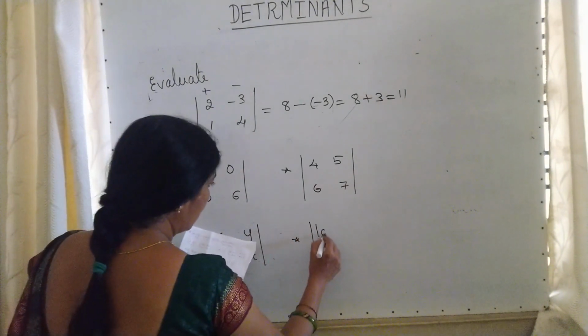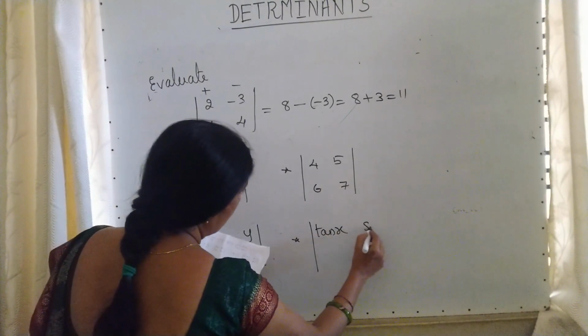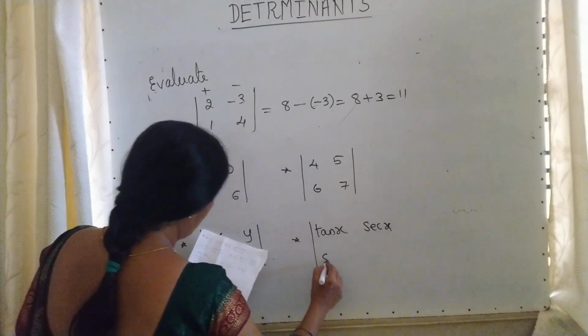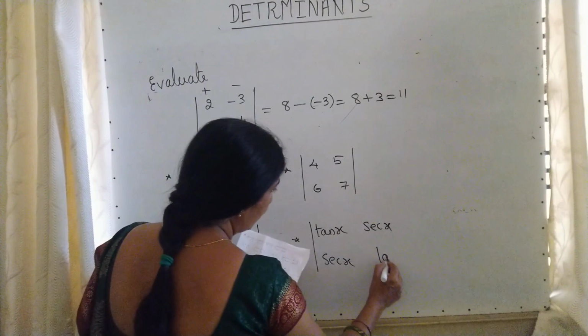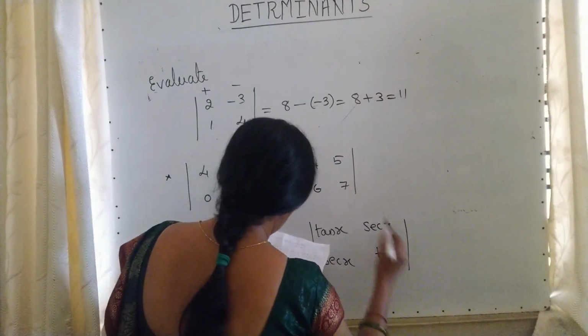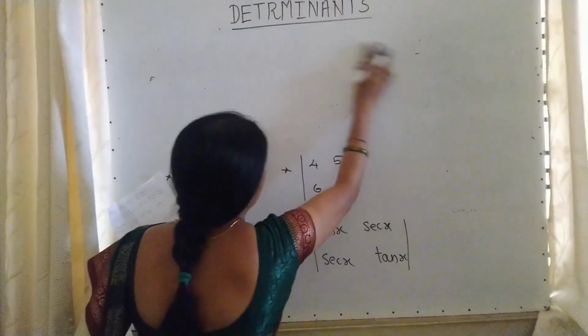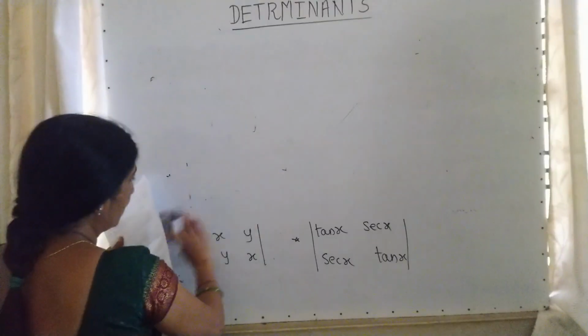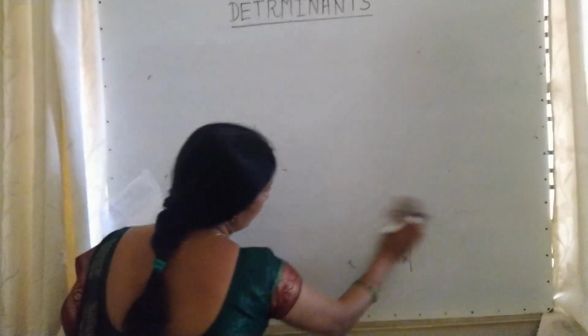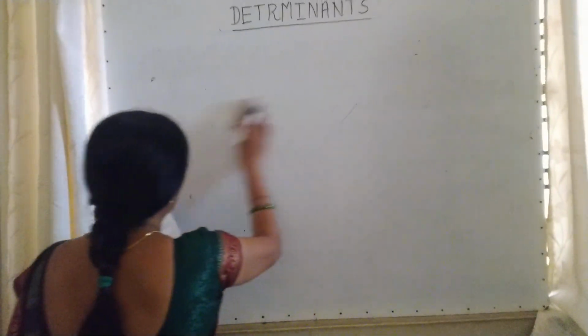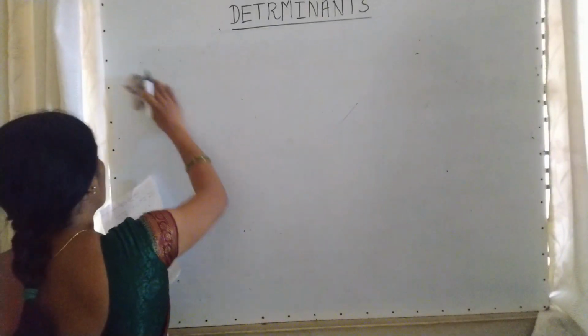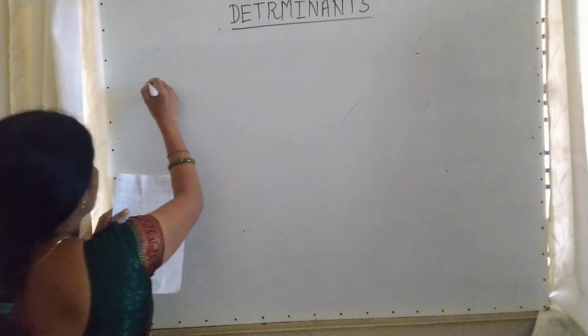Next, tan x, secant x. This is secant x, tan x. Next three I am explaining to you. These are the assignment questions for you, that means for your practice. As I told you, if you are perfect, then only I will move to the next one. Next question.